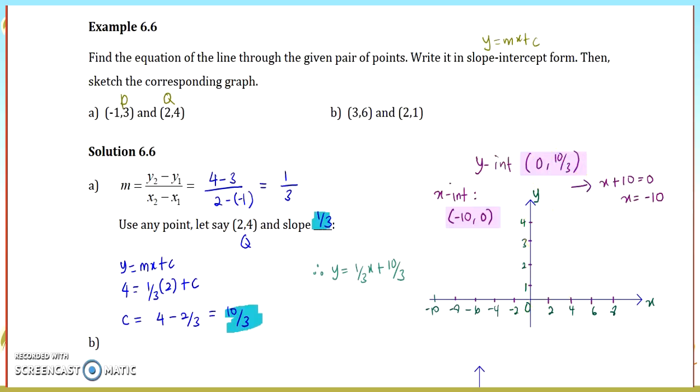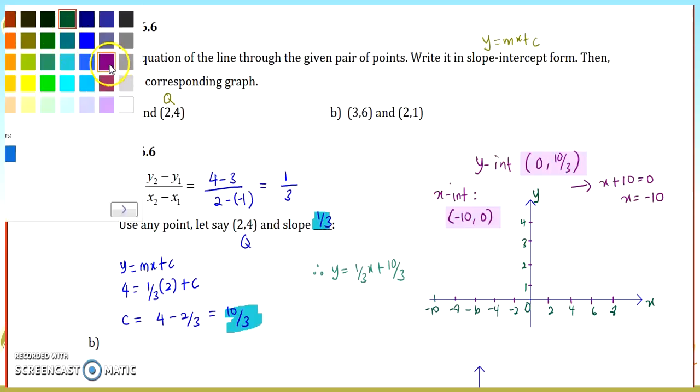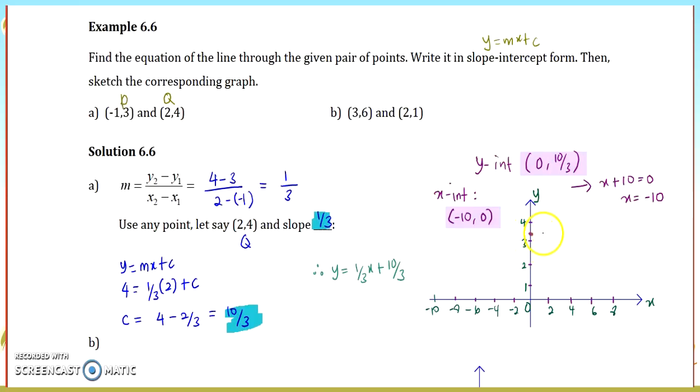So the coordinate is here. So this is the y-intercept and this is the x-intercept. Now we connect these 2 points with a straight line. So this is the graph of y = 1/3 x + 10/3.